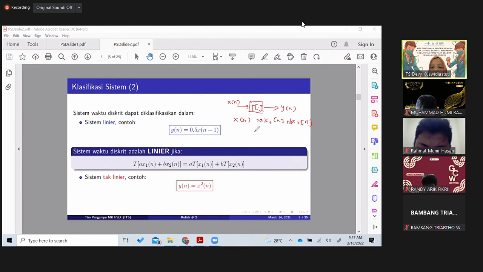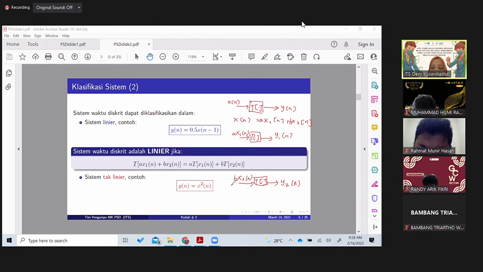this one would be A x1n. We could say this output is y1n. Then another one, B x2n, and the output would be y2n.